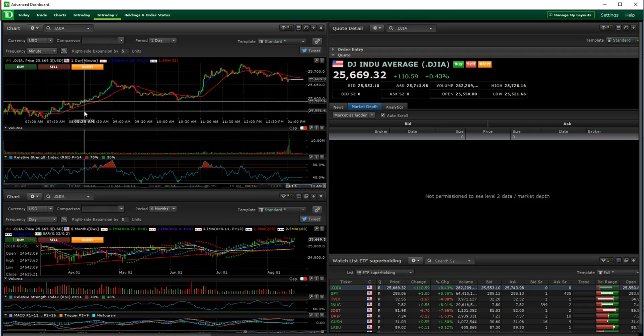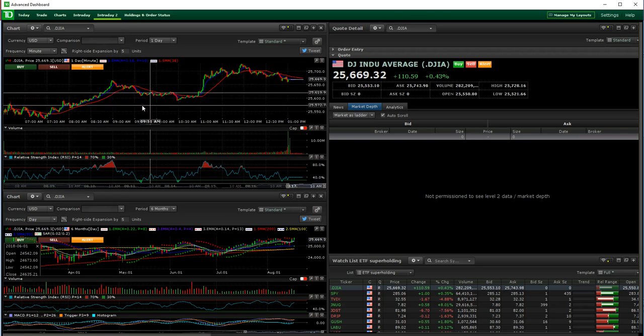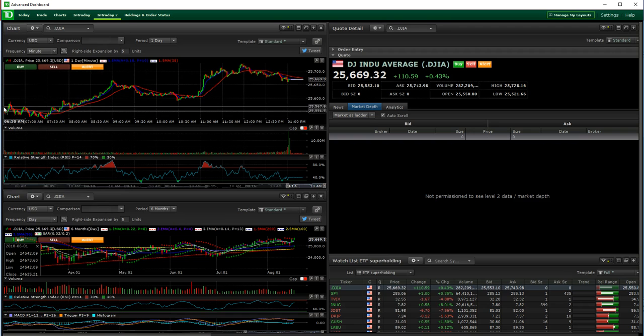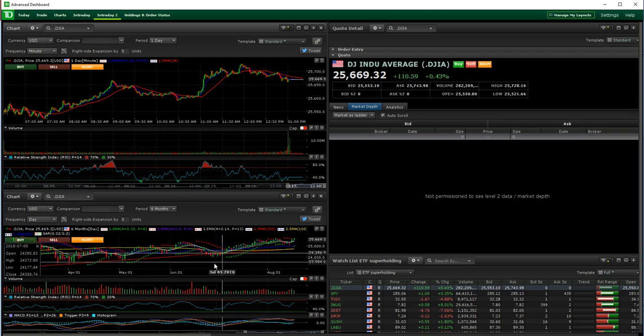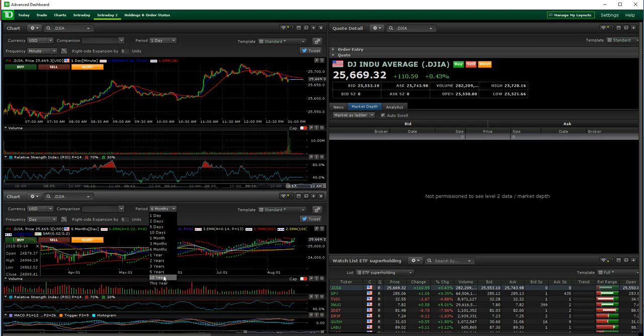Usually the 1 minute candle is what I stick to as I'm day trading. And when I say on the daily, I actually mean this one down here, where the frequency is a day, and the period can range from 6 months and beyond, however far back I need to go.